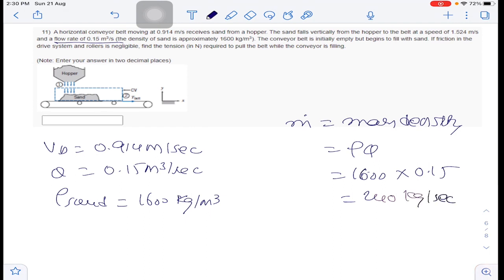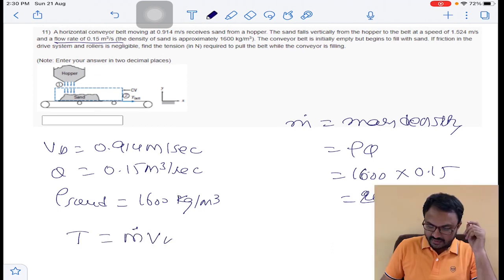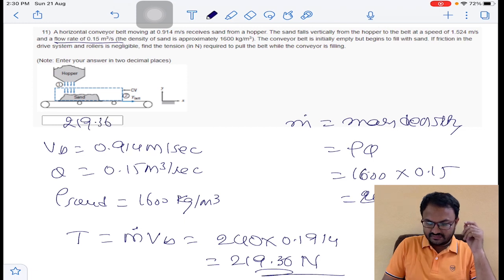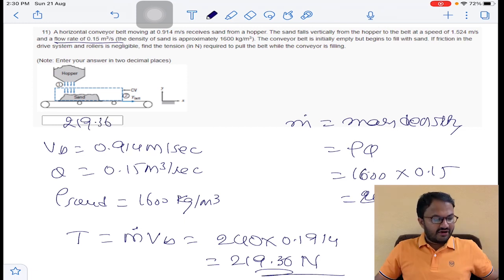Now tension in the cable T is equal to mass density into velocity of belt. So mass density is 240 and velocity of belt is 0.914. So you will get 219.36 Newton. So the answer is 219.36 Newton. Clear?